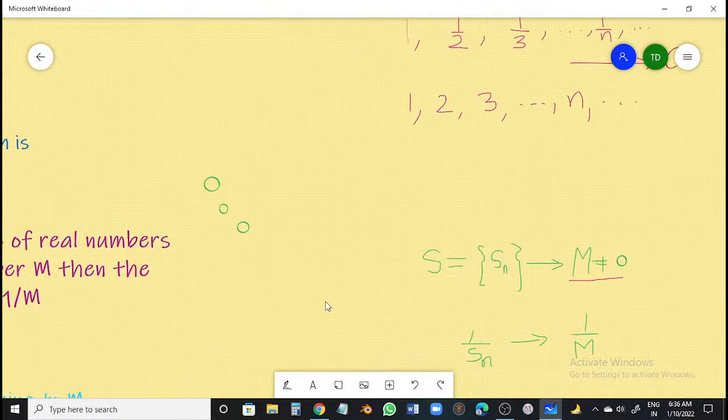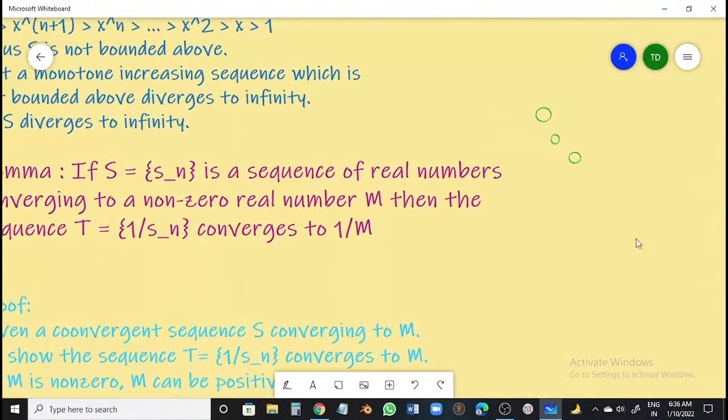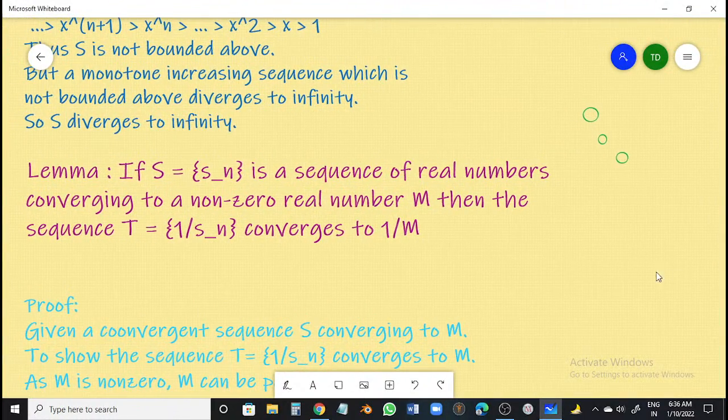Okay, let us go to the statement. Here, if S is a sequence of real numbers which converges to a non-zero real number m, then the sequence of the reciprocals of those terms will converge to 1 by m.